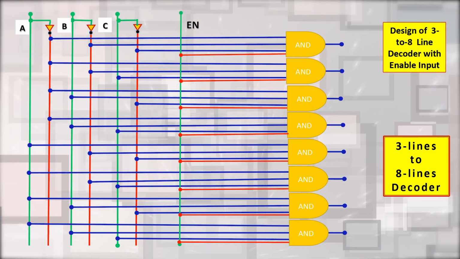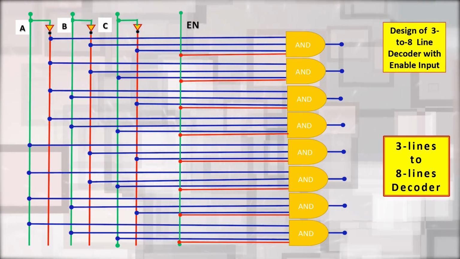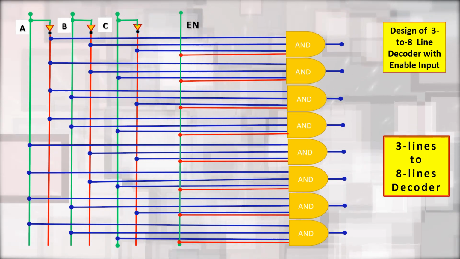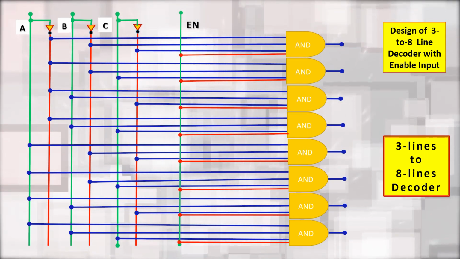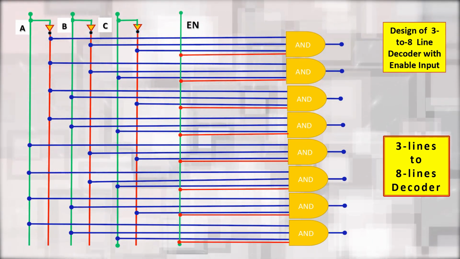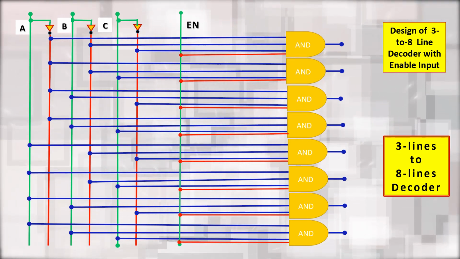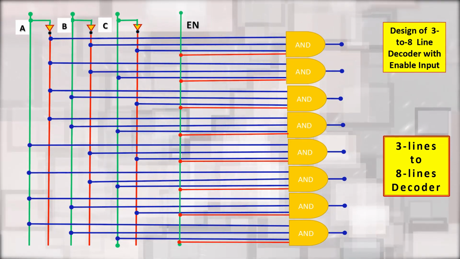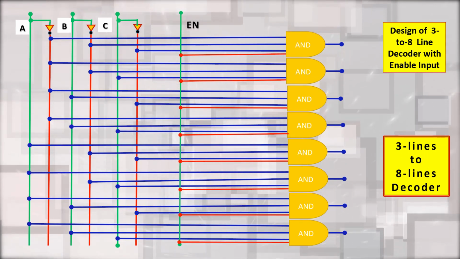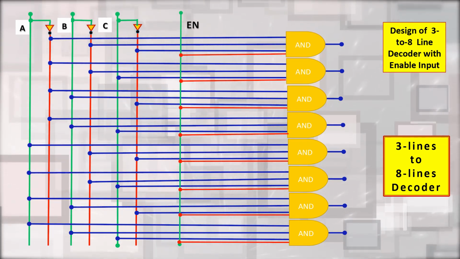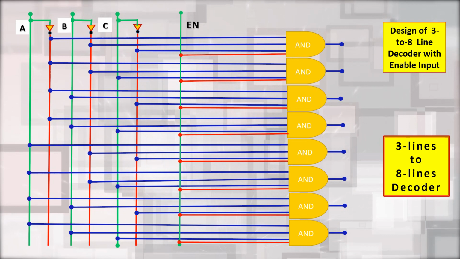So, we will have 8 4-input AND gates, and the inputs A, B, C and enable are connected.